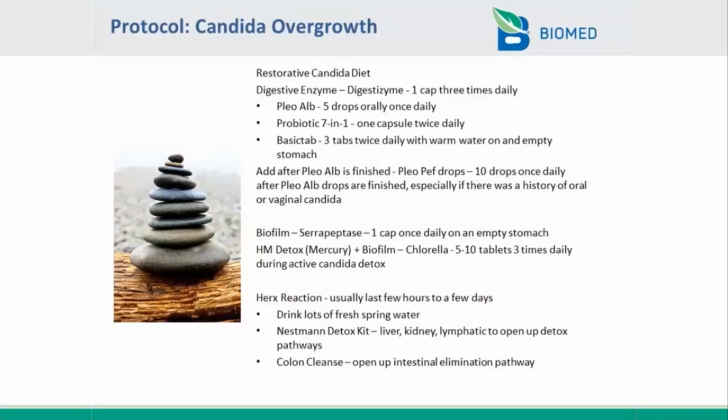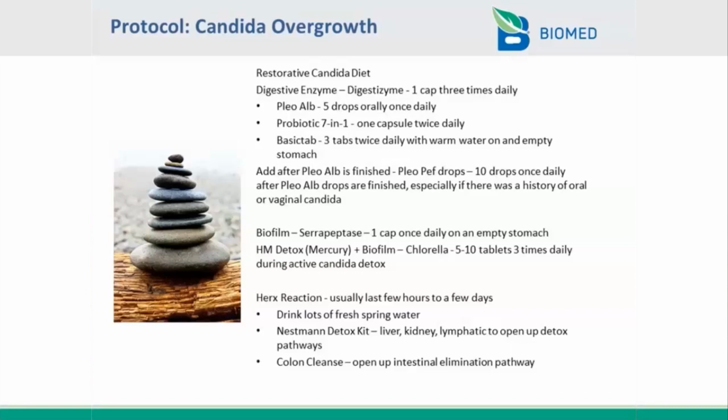Also, in long-standing cases of Candida, you want to think about adding Pleopef to finish things off. Albicans is the deeper, more systemic one, and the PEF tends to be a little more associated with the mouth and vaginal mucosa. So once the deep work's done, cleaning things up with the PEF can be ideal.